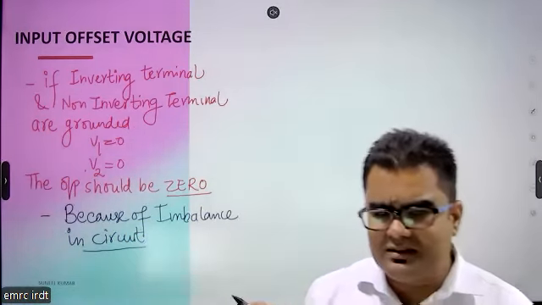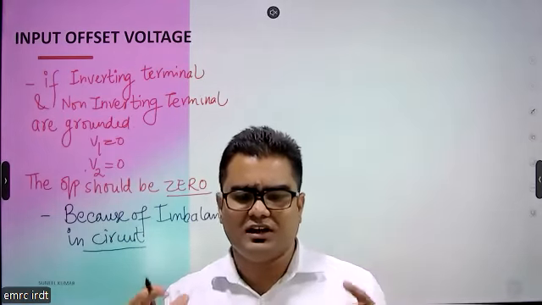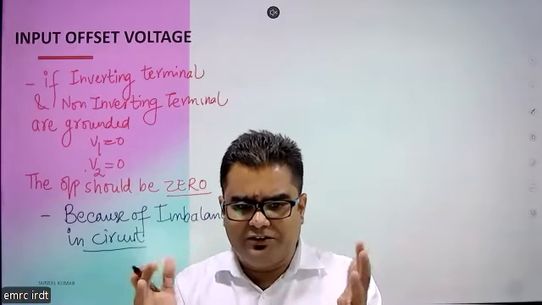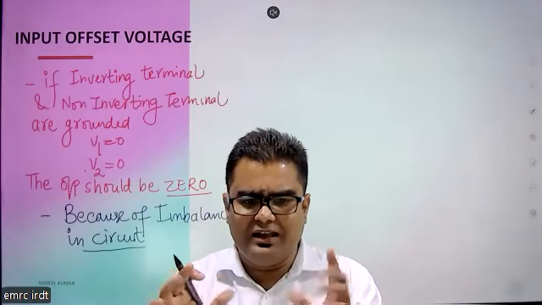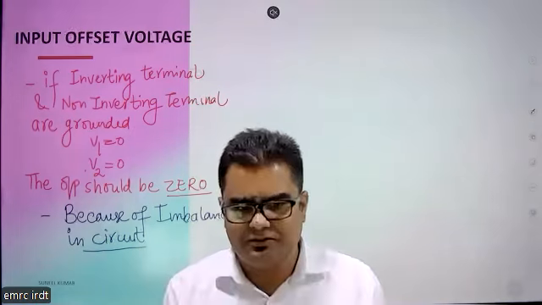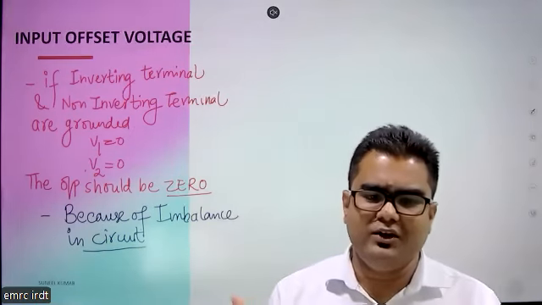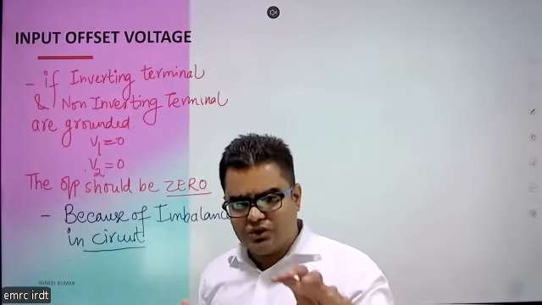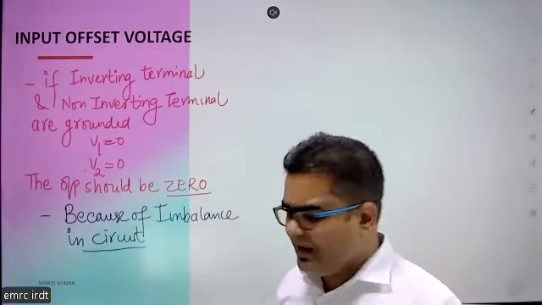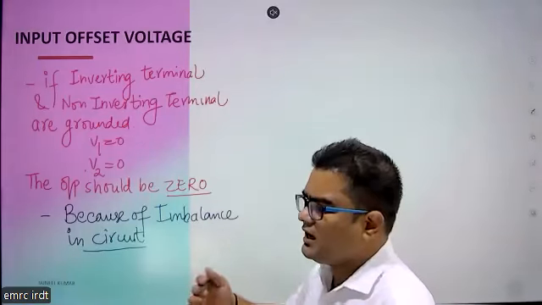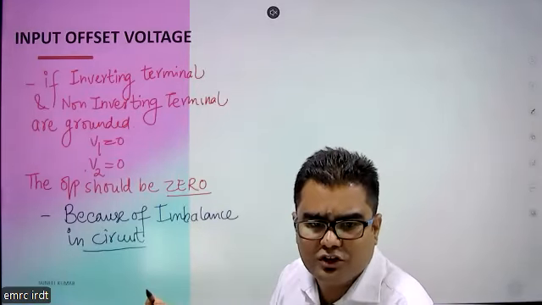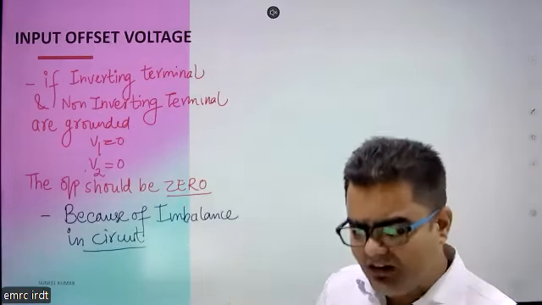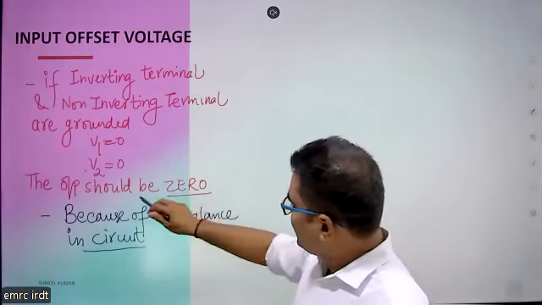Basically, we are utilizing different bipolar junction transistors for making the operational amplifier, and the values of alpha, beta, gamma, meaning current gains, must be equal enough. Then only we will get the ideal values. Since the values of these current gains are different, this is known as the imbalance in the circuitry, and because of this imbalance we are getting some output because of the DC supply applied at terminals 7 and 4. So we are not getting zero output.